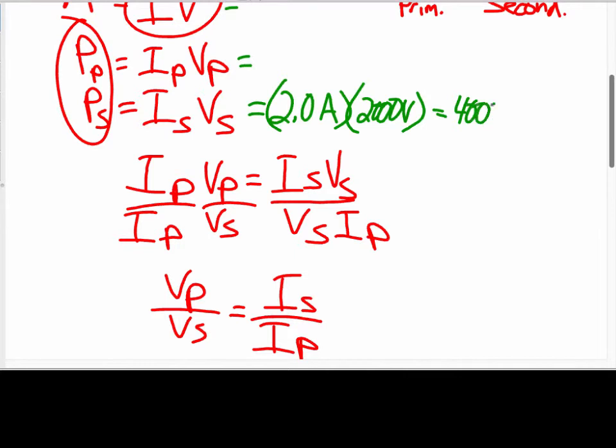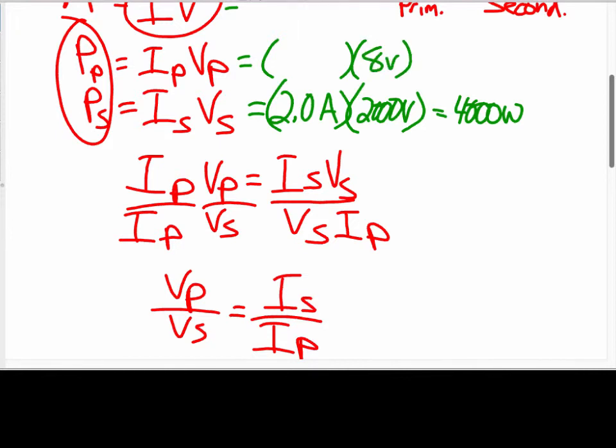It doesn't ask that, but I'm writing it down because I want you to understand the relationship. What do I know? I know that the voltage right here should be 8 volts.